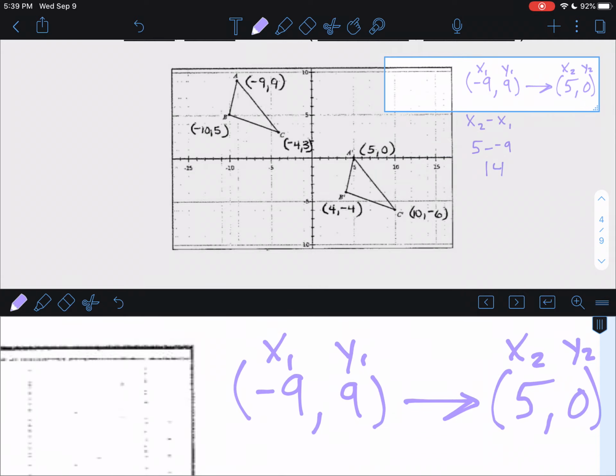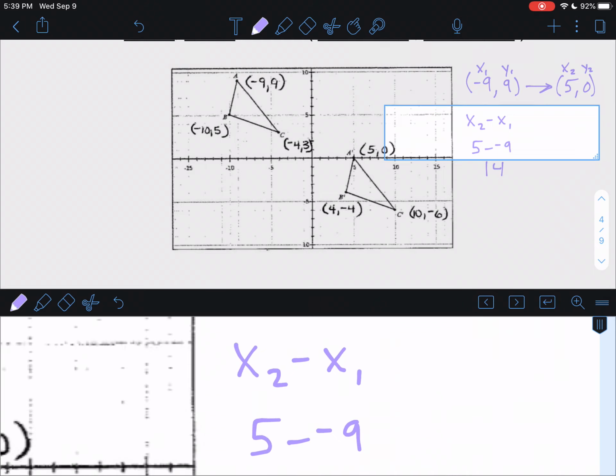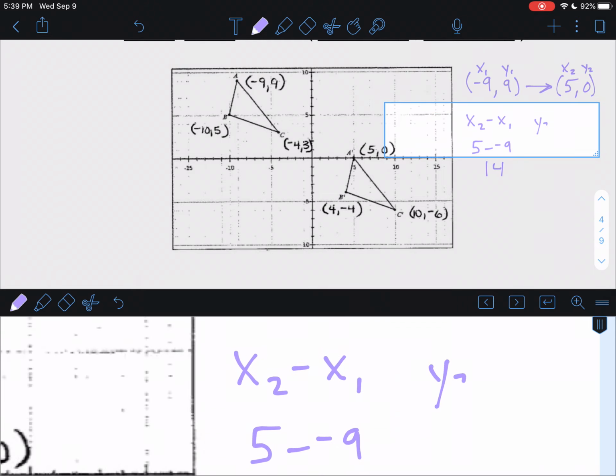And then I have my y2 minus my y1. I should probably be calling this y and y prime, but whatever, we'll call it y2 and y1 for now. We might get into more technical terms later.